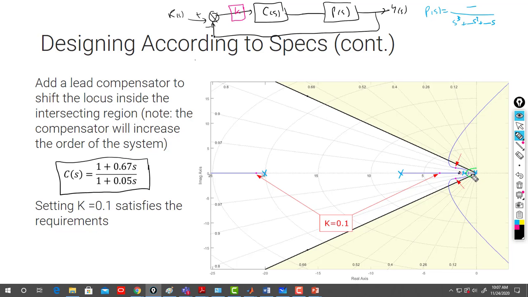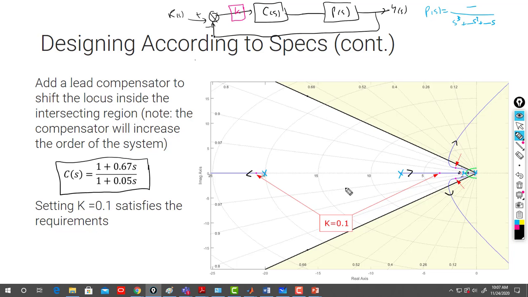If you follow my pen, these 2 blue poles approach each other, they intersect at this point, and then they move away from each other and continue moving in this direction. At the same time, this pole is moving in this direction, converging to the 0, and this pole is taking its way to infinity.